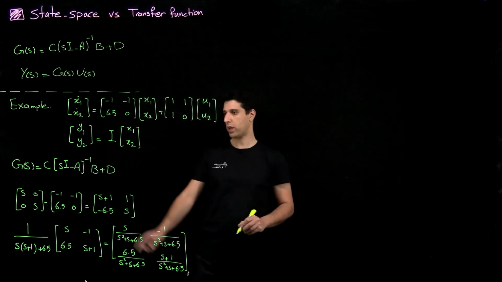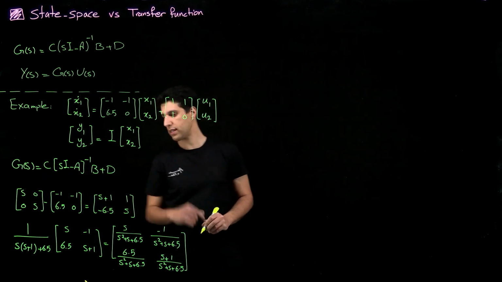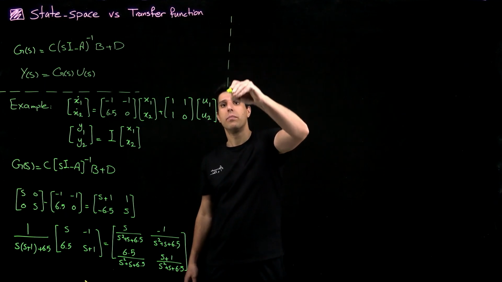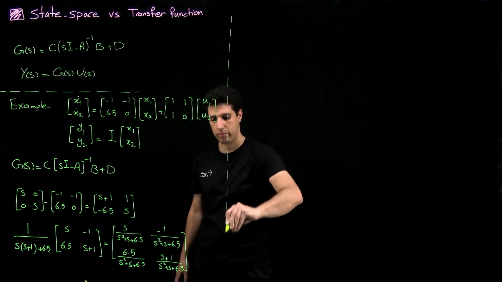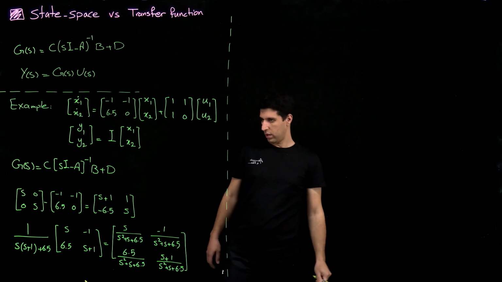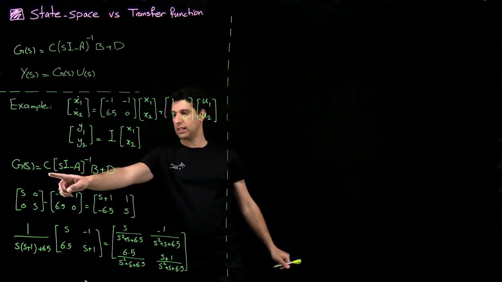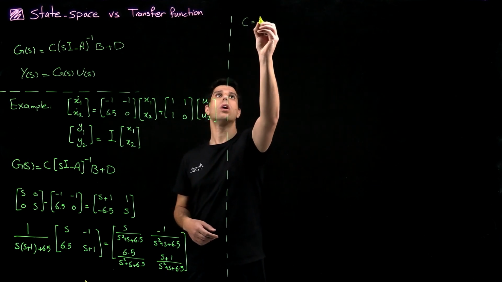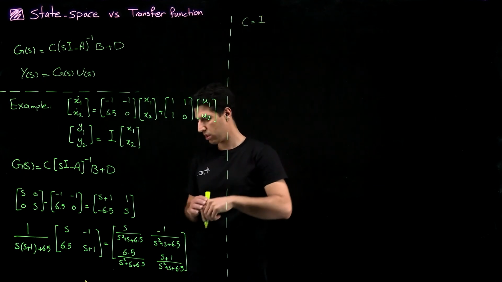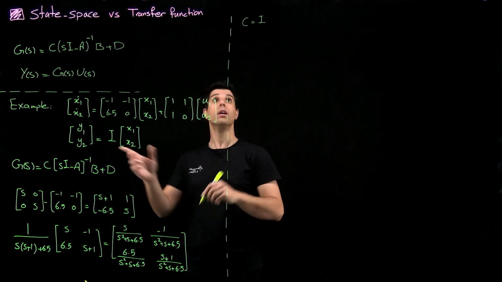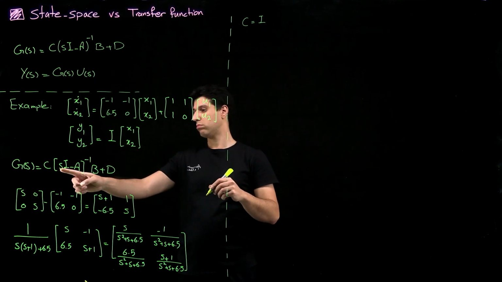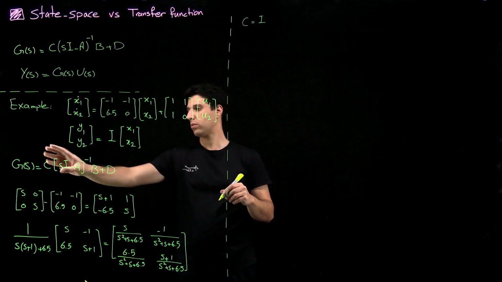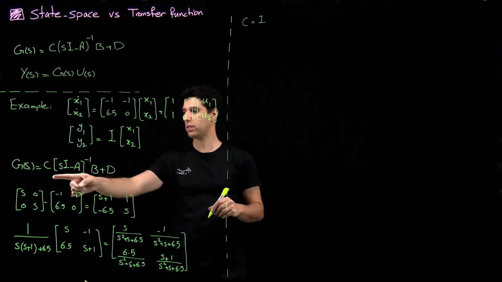Okay, so I calculated sI - A inverse. Now C is I, so C we don't need to worry about, since I times whatever is whatever.